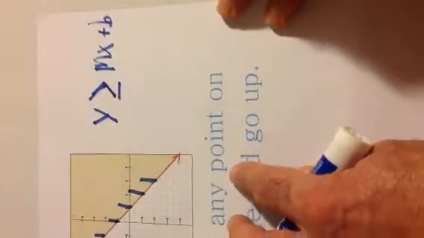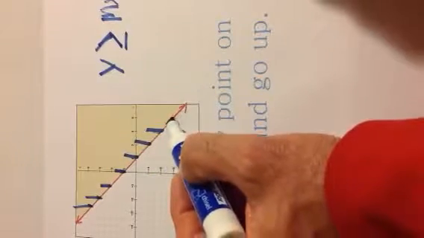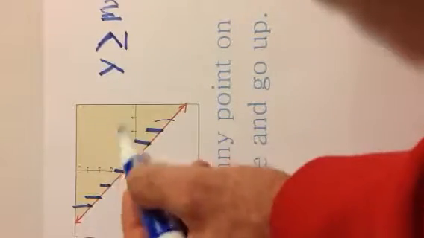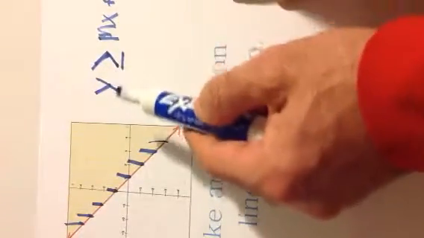So again, if the solution is above, y is greater. If the solution is below, y is less. One more time. We went up on the line, and here's the solution, the shaded area. That means y is going to be greater, and it's greater than or equal to because it's a solid line.